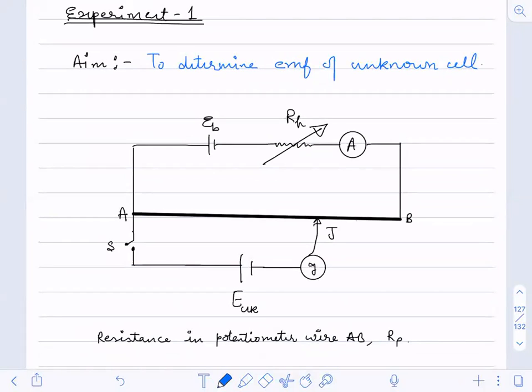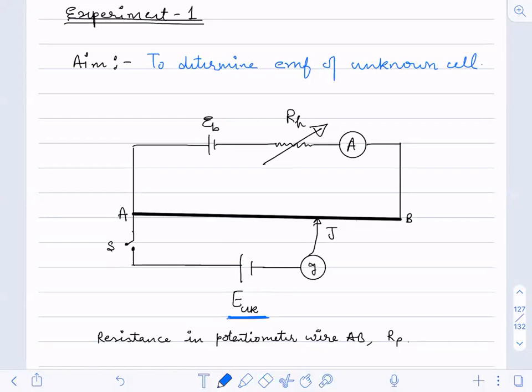This is the unknown EMF here, whose value we have to determine, and this is the circuit that is in front of you.